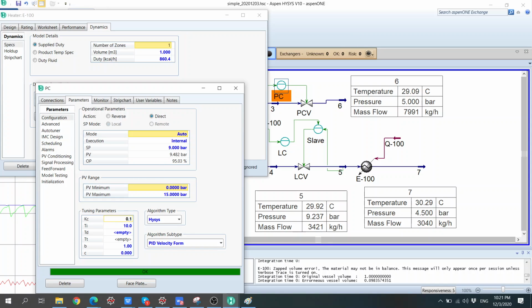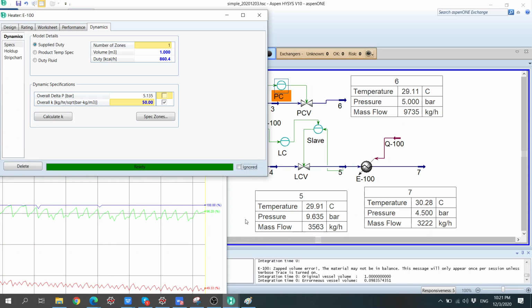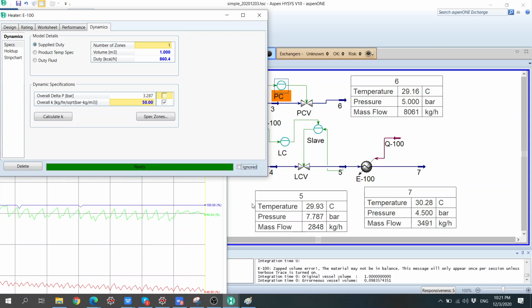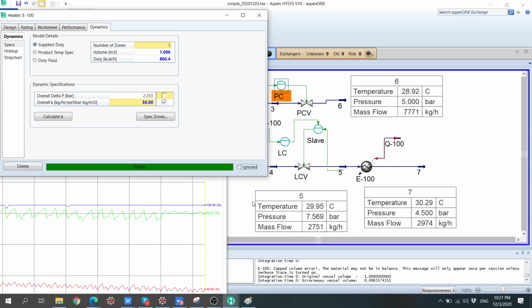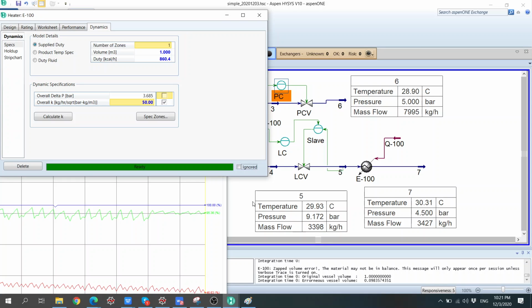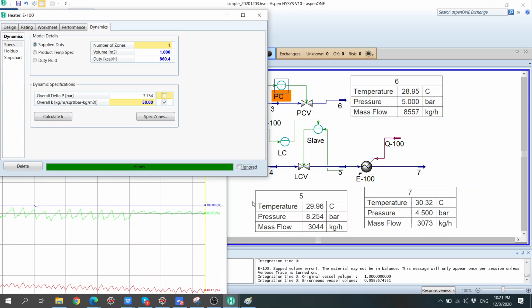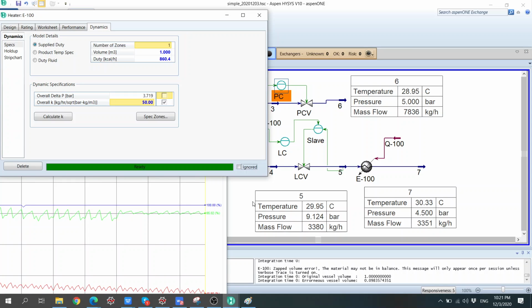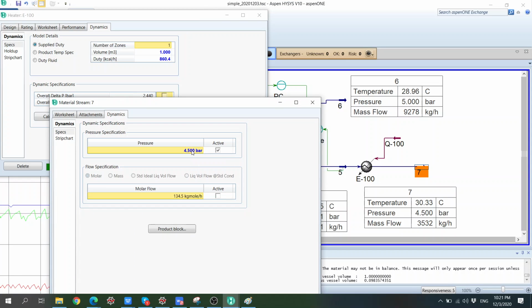Where's the thing? Make it less. Maybe we can reduce this pressure a little bit. 4.